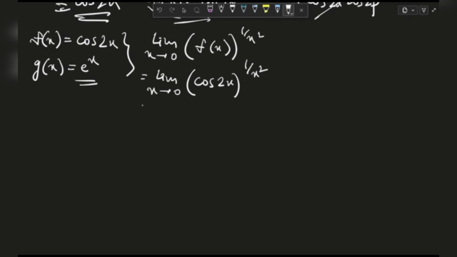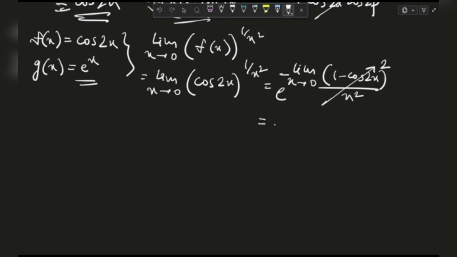So now what we can do is, this is 1 power infinity, so e power limit x tends to 0 of cos 2x minus 1, but I will pull out a minus because there is nothing for cos 2x minus 1, but there is something for 1 minus cos 2x. So pulling out a minus, this becomes 1 minus cos 2x divided by x square. This entire thing goes on to 2, so this becomes e power minus 2.